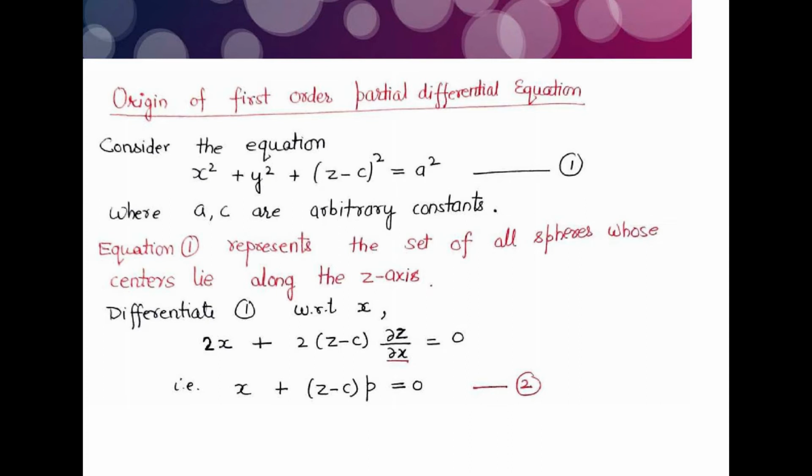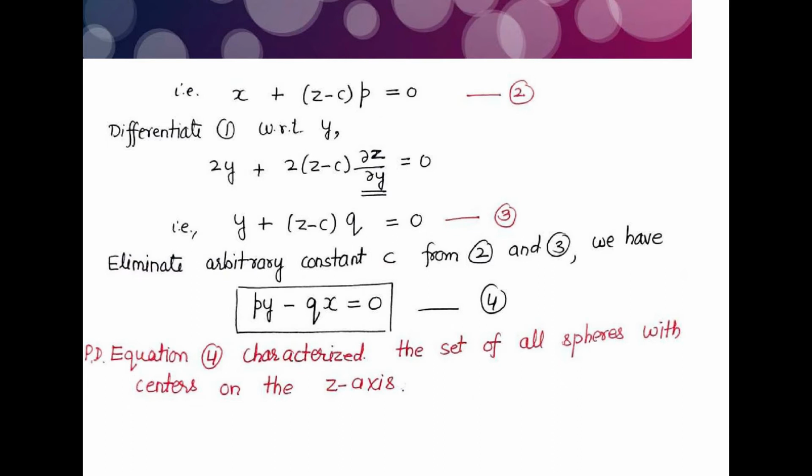We treat y as constant, so the derivative will be 2x plus 2 times (z minus c) curly z over curly x. This is equal to 0 because derivative of y with respect to x is 0. Now derivative of z with respect to x I have underlined. This is p. So we have finally equation number 2.